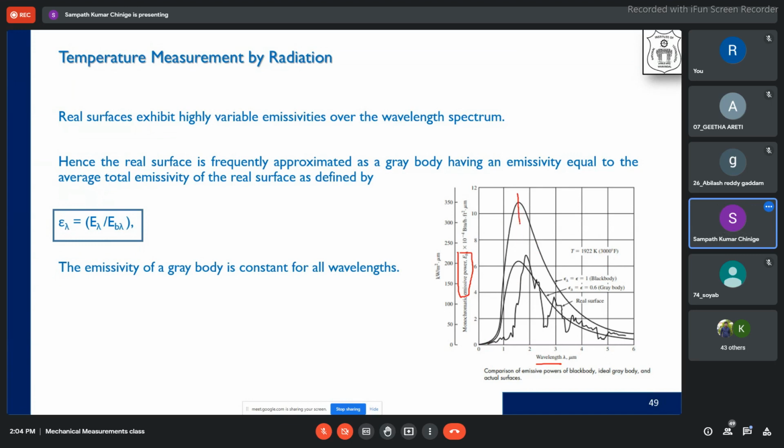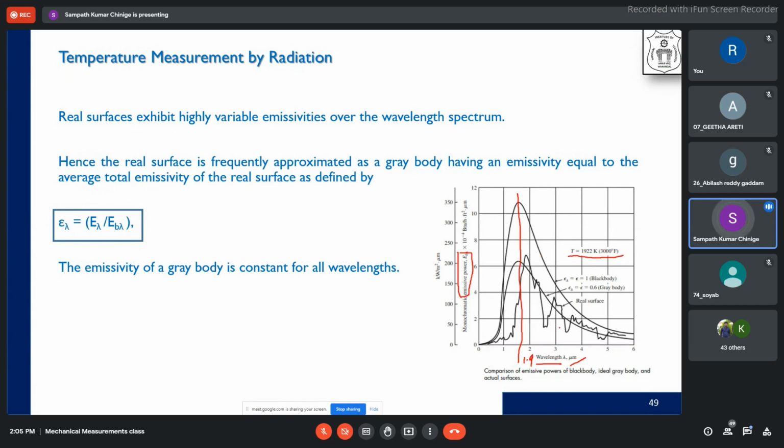At almost 1.9 micrometers, we have the maximum emissive power at a temperature of 3000 Fahrenheit or 1922 Kelvin, beyond which my emissive power is reduced.